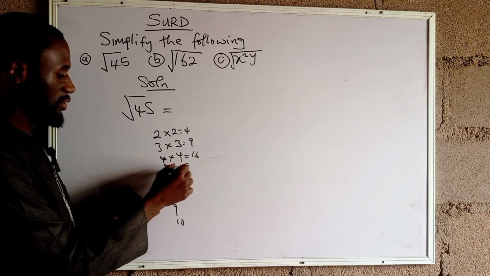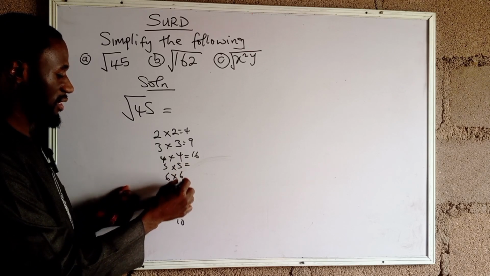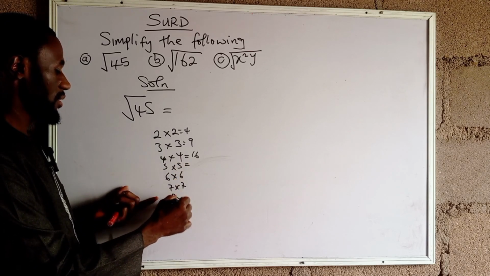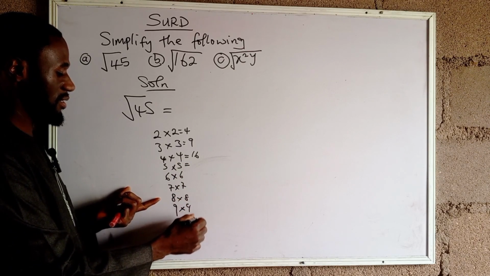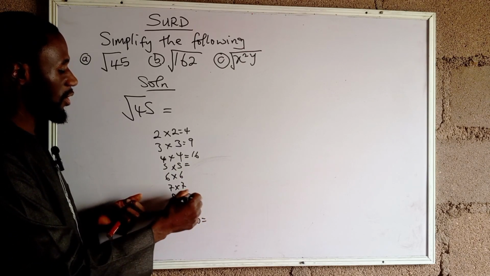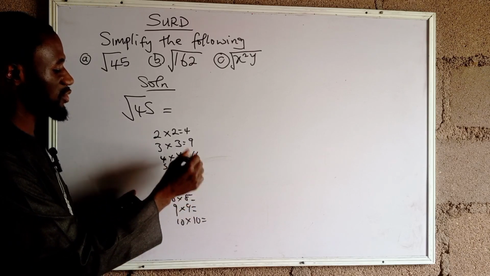All these numbers are called perfect squares. They have square roots.